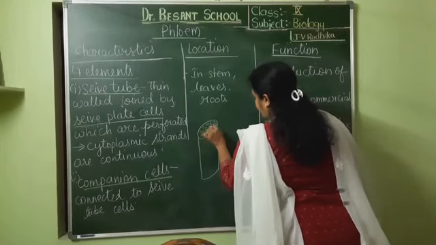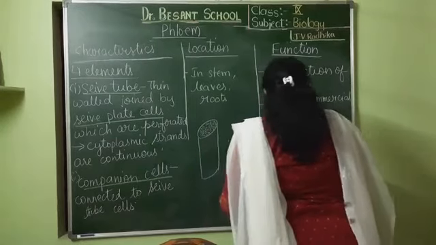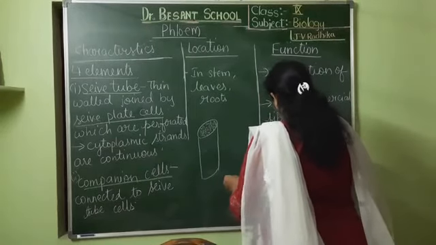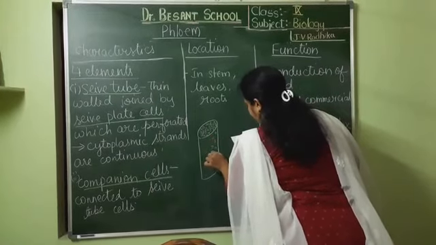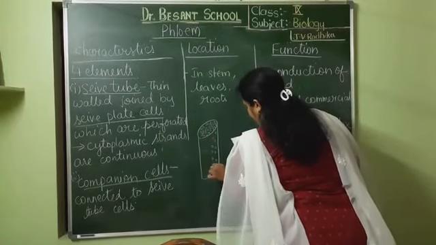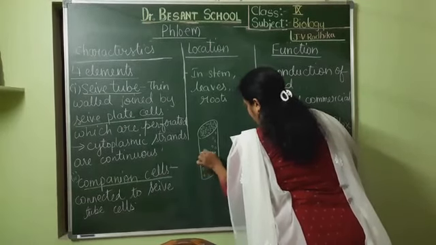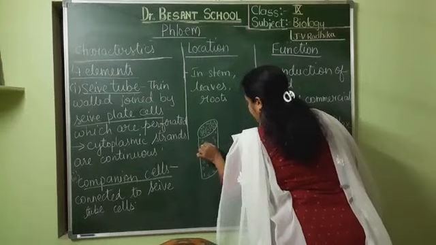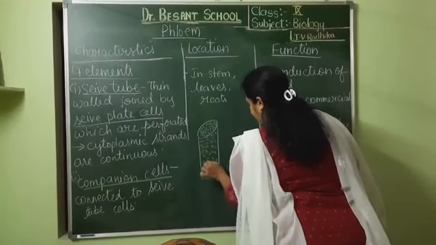That is the sieve plate and this is the sieve tube. Sieve plate is also one element of the phloem only, children.